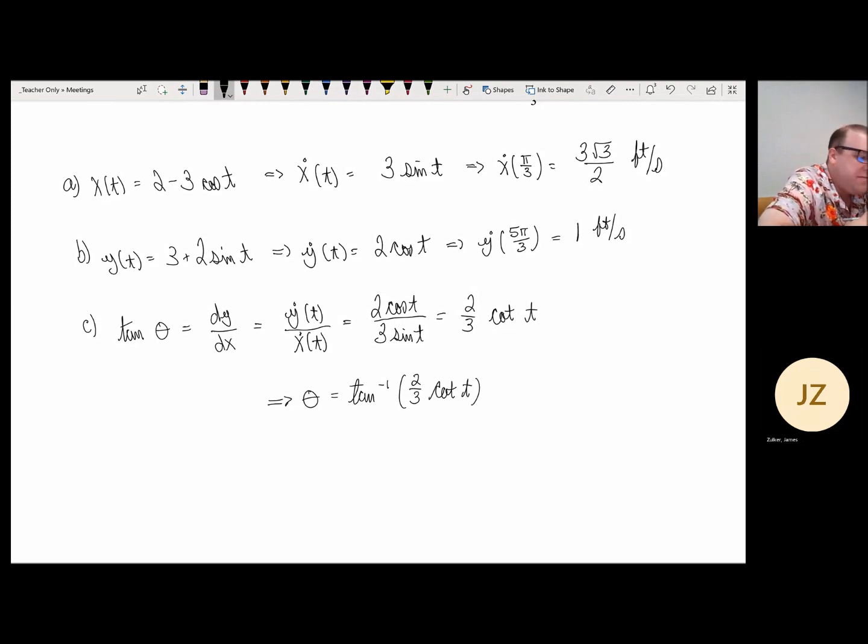Theta would then just be the inverse tangent of 2/3 cotangent of t.